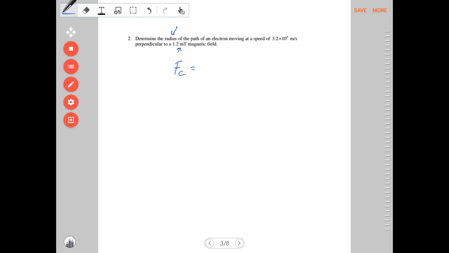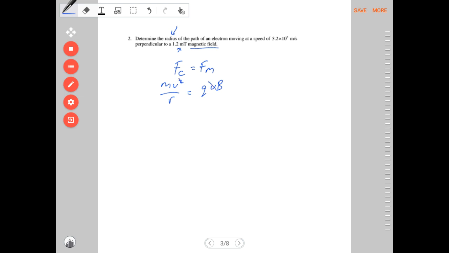Now remember, we can get a centripetal force with a magnetic force or with an electric force. But in this case, it's a magnetic field, so that is a magnetic force. So that's going to be mv squared over r again, and qvB. As always, one of the v's cancels.